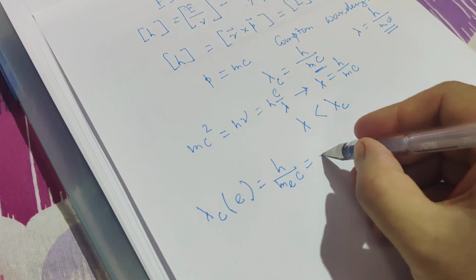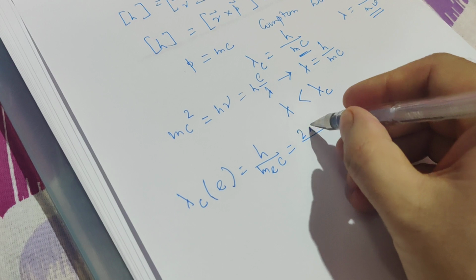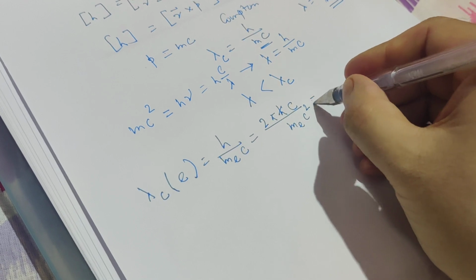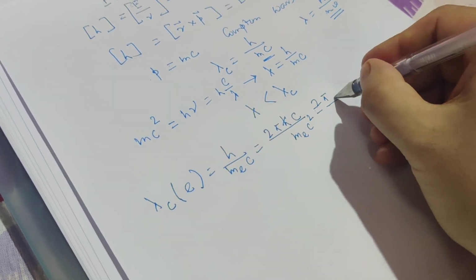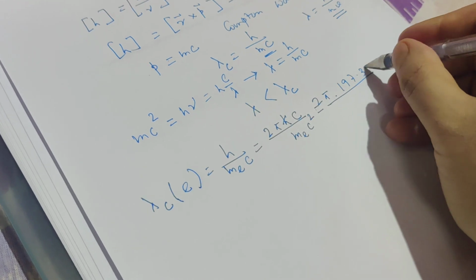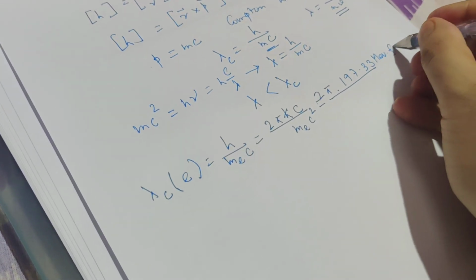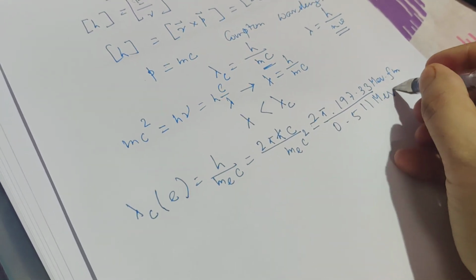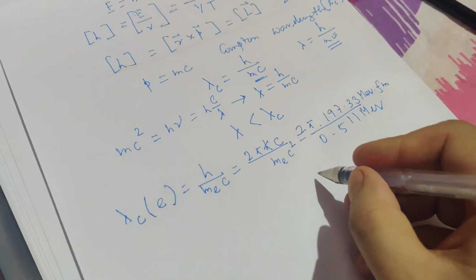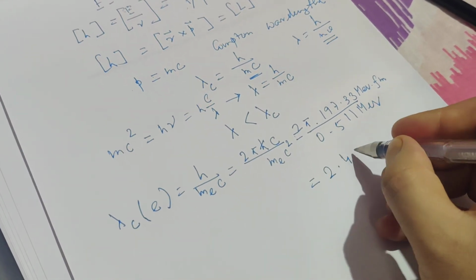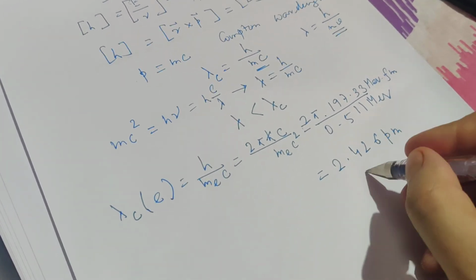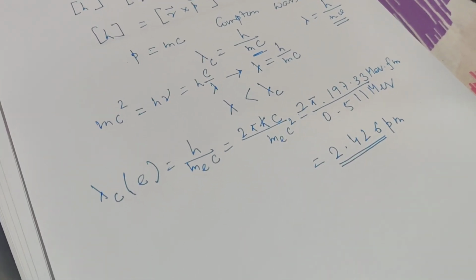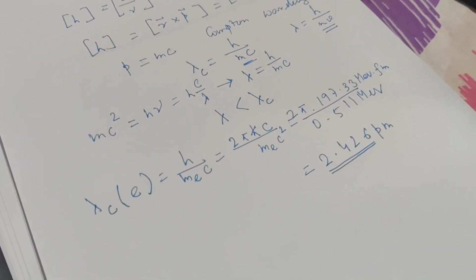It can also be written as 2 pi h cut c upon m_e c square, the rest mass energy of the electron, and as we know the values, that is 197.33 mega electron volt femtometer versus 0.511 mega electron volt, and this turns out to be 2.426 picometer. You see the range of this. The Compton wavelength is 2.42 picometer.